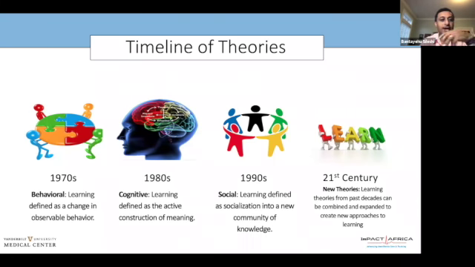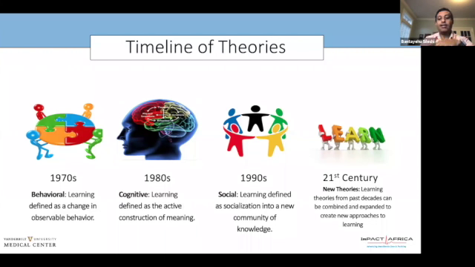Here's a little bit of a timeline of theories. In the 70s, people were thinking about learning in terms of behaviors, and it was defined as a change in observable behavior. In the 80s, people focused more on cognitive, defining learning as the active construction of meaning.